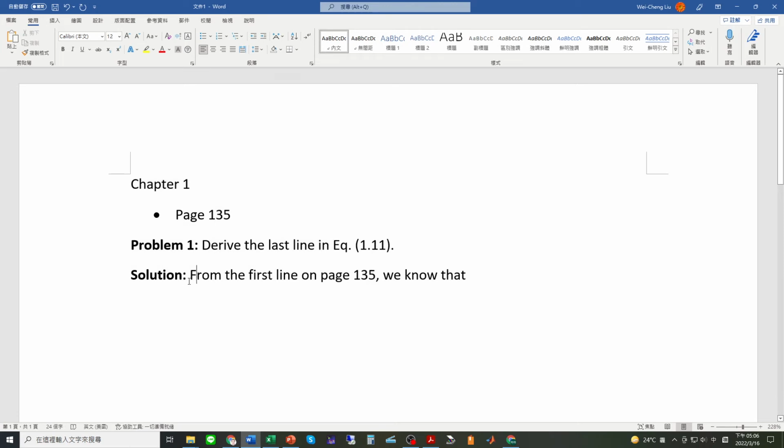Okay, solution from the first line on page 135.